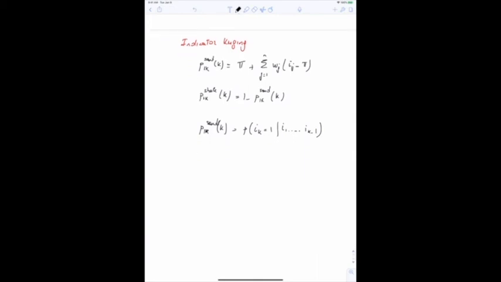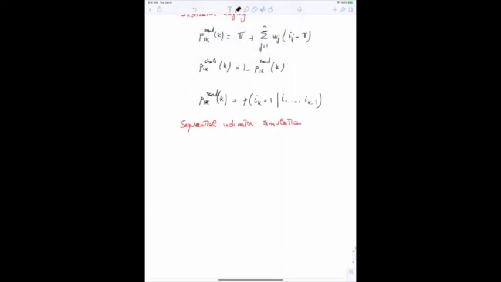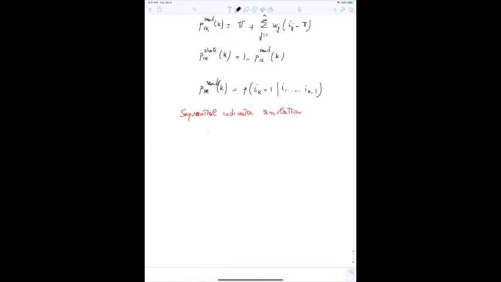Based on that, we can define the sequential indicator simulation. It's exactly the same process as before. We select location k randomly according to a random path.